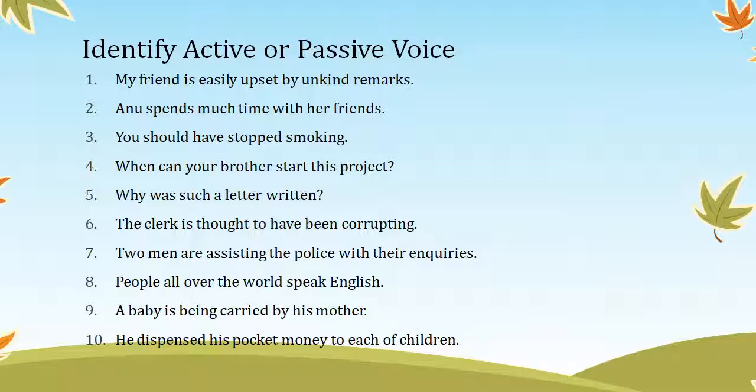You must understand. Now find out the active or passive voice from examples 1 to 10. Write just number 1 active or passive, number 2 active or passive, like that only. You don't have to write the whole sentence. Just go on writing from 1 to 10.